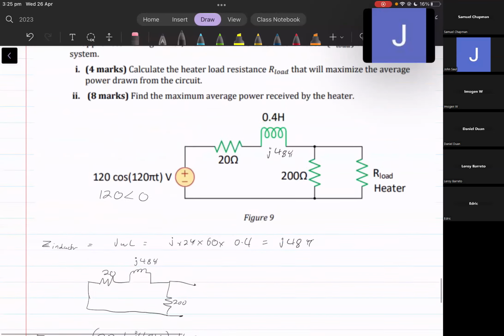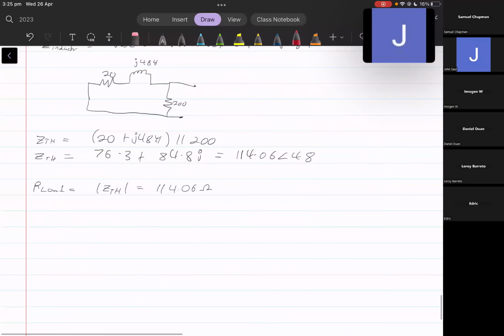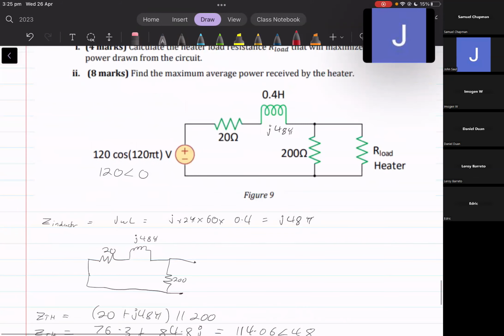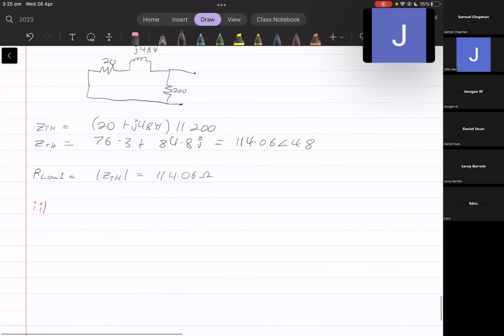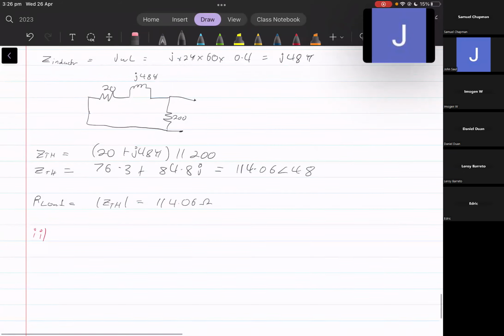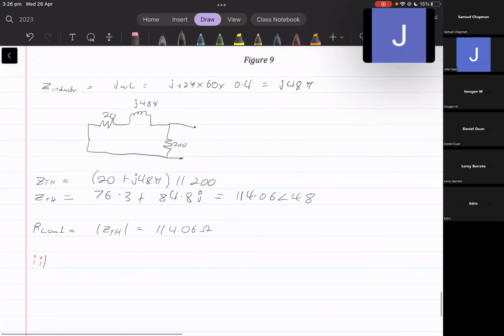So then we'll move on to the second part, and find the maximum average power. So how does everyone think we do that? So we'll look at it open circuit.